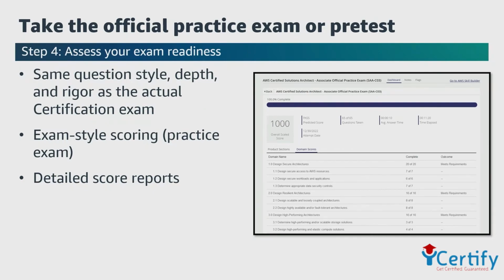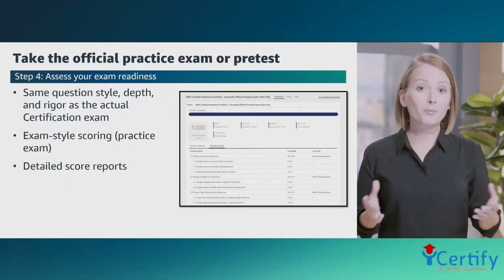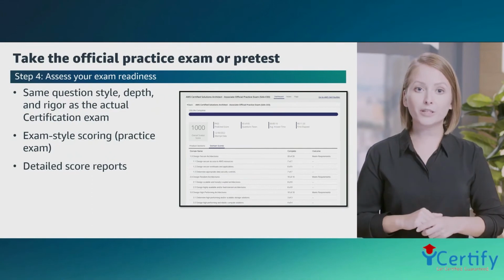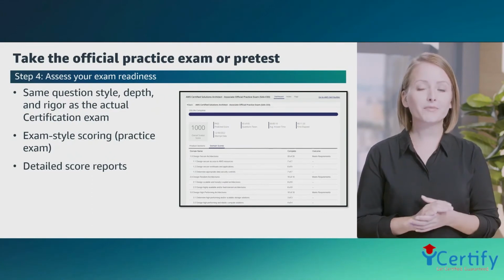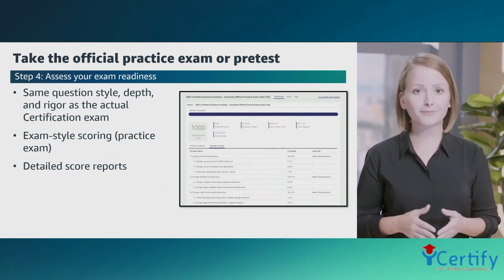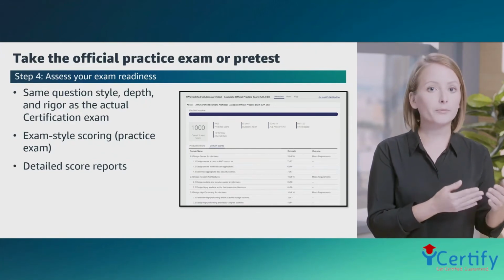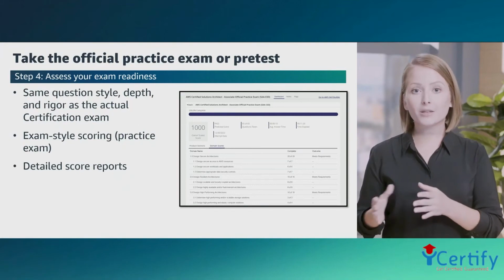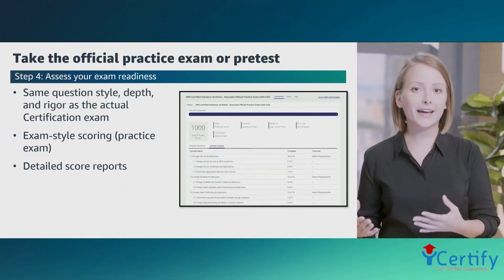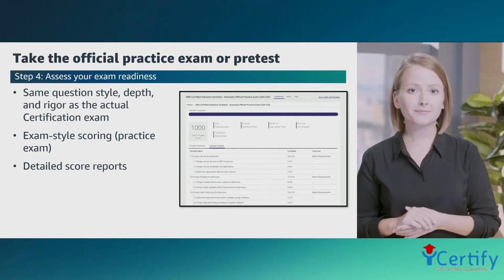Both assessments have the same question style, depth, and rigor as the actual exam. Both include detailed feedback and score reports. The only difference is scoring. The practice exam has exam-style scoring with pass or fail. The pre-test provides standard percentage scoring.